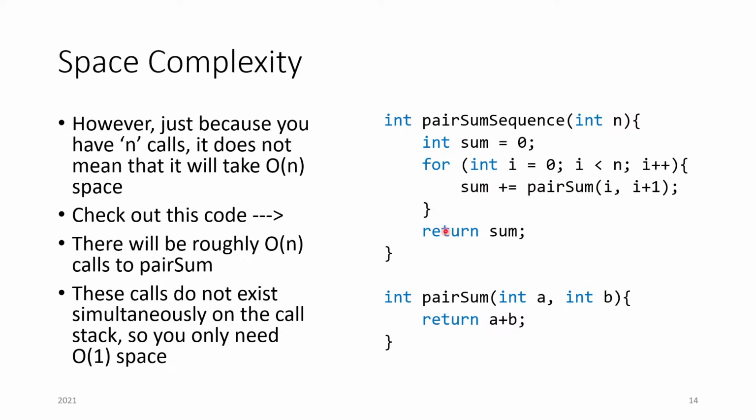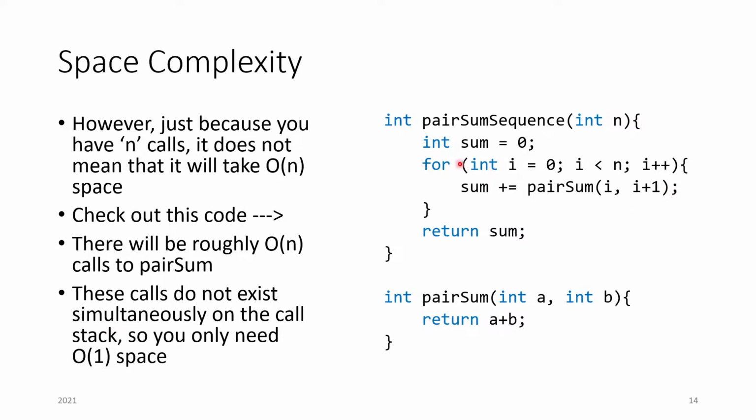On the next iteration, it uses back the same memory location that was previously allocated to pay of sum, for lack of a better analogy. It just reallocates it. So it never adds more memory, it just keeps on reusing the same memory for each one of those function calls. And that's why it's only going to take O of one space here.